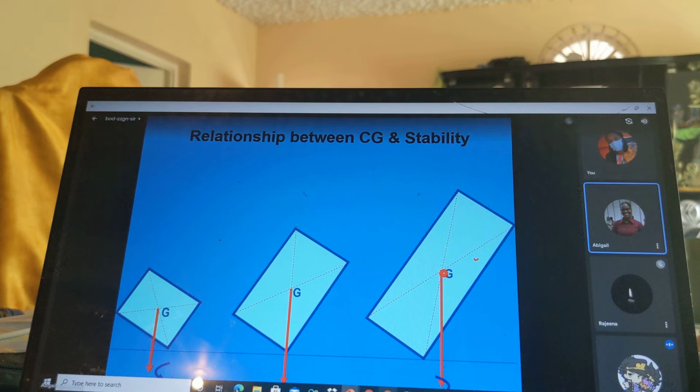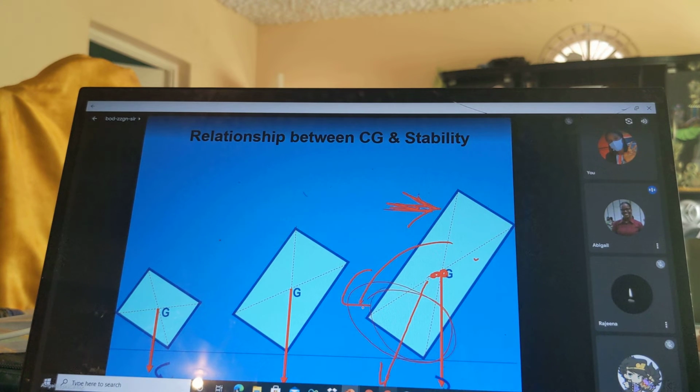Mm-hmm. It would be harder to displace in the first place. Whatever force you use, it will be harder to move. So it will tend to just come right back down. The center of gravity will tend to act within the base and it will just fall back into its original position.